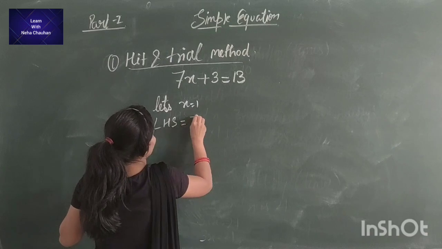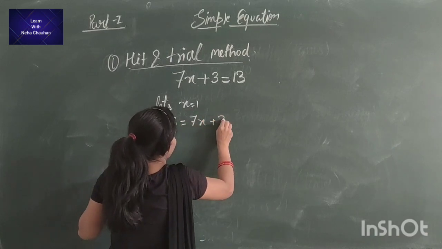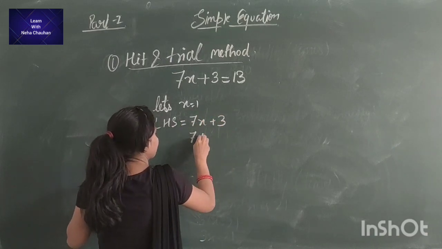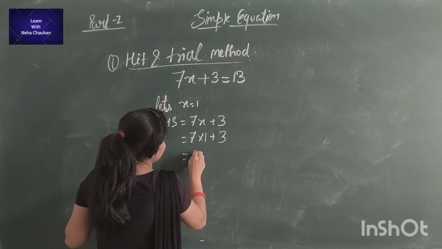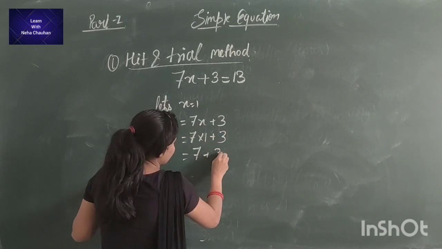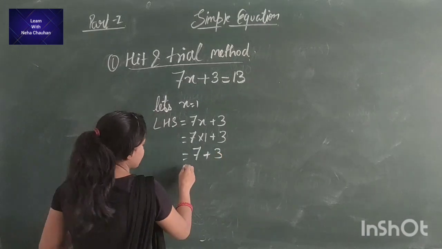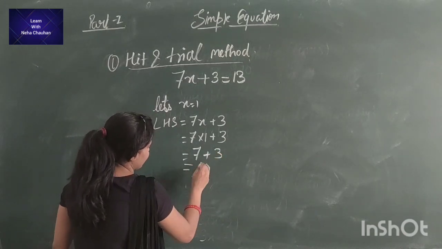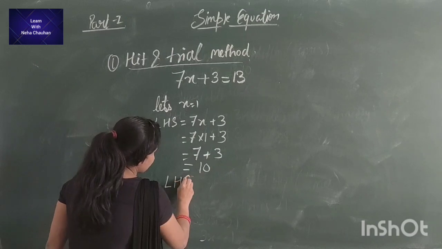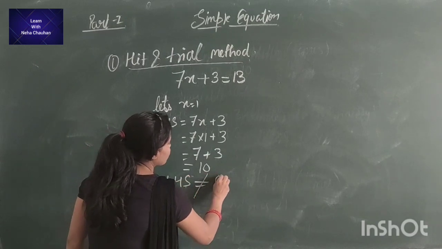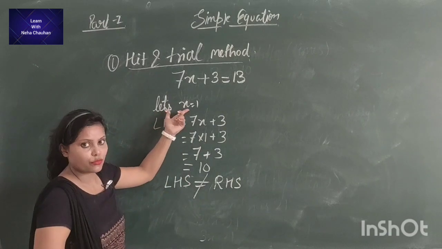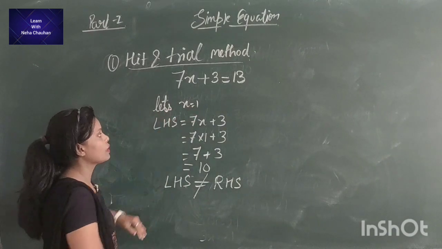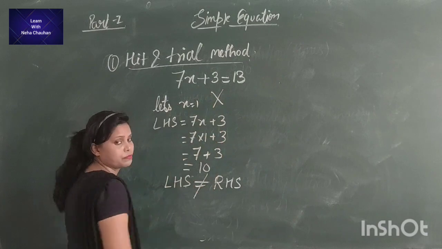LHS is equal to 7x plus 3, so 7 multiply 1 plus 3. 7 multiply 1 is 7 plus 3, right? 7 plus 3 is equal to 10. So we get LHS is not equal to RHS. That means the assumption we have made that x is equal to 1 is wrong.